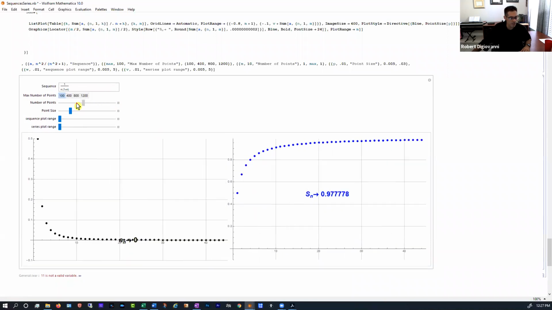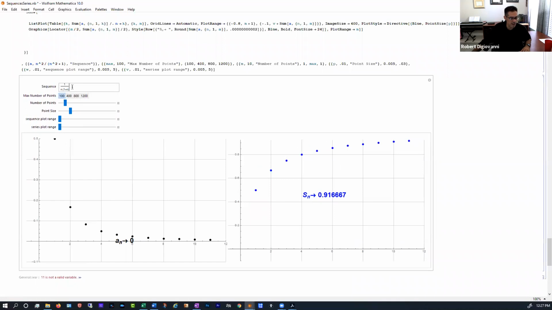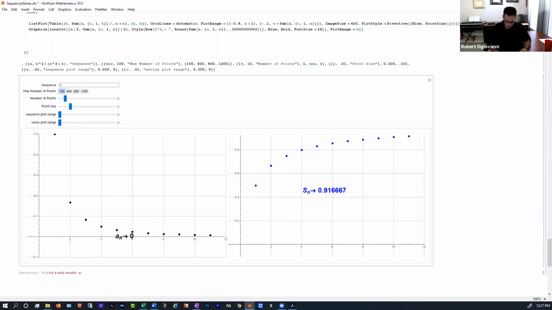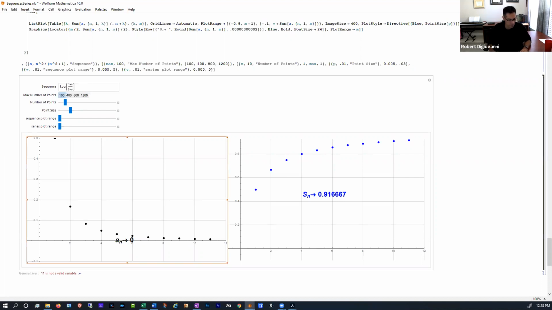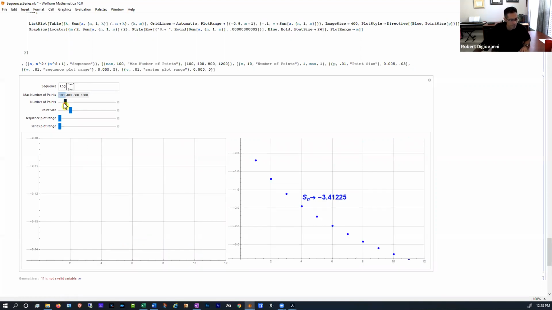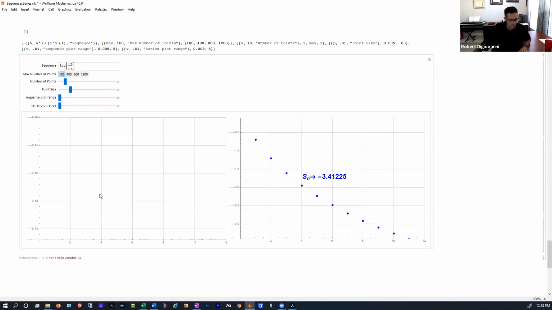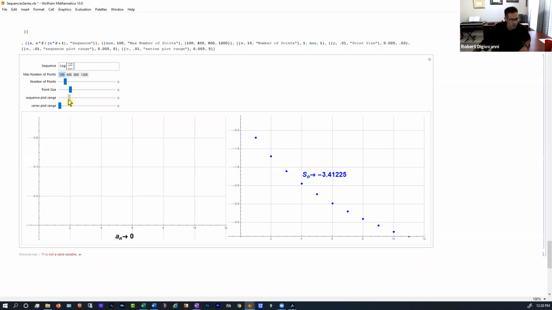Now the problem we just did was natural log of n plus 1 over n plus 3. Okay. Where the heck is my, oh, they're negative numbers.